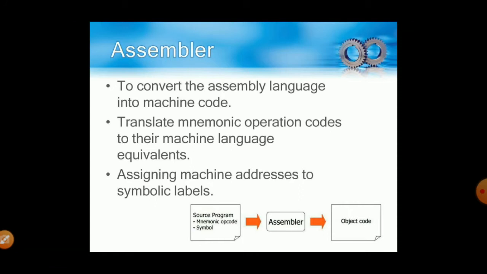The assembler will convert it to object code. We need to understand what source code and object code are. The program which we write in any particular language, whether it is high level, fourth generation or assembly language, is called the source program. But when we convert it with the help of a translator program, that is called object code.